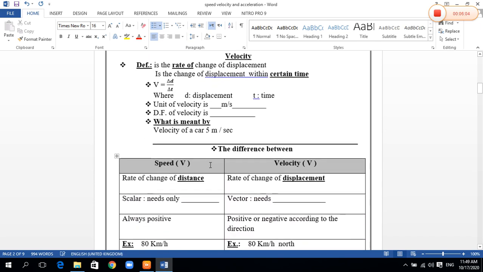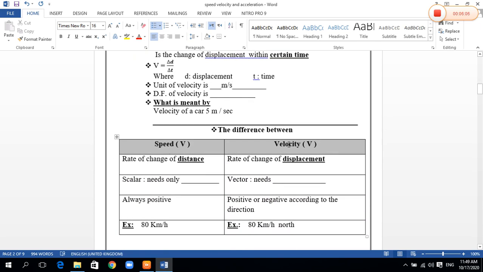Now we're going to compare speed and velocity, both having the same symbol, represented by V in physics. Speed is the rate of change of distance. Velocity is the rate of change of displacement. Speed is a scalar quantity, needing only magnitude.